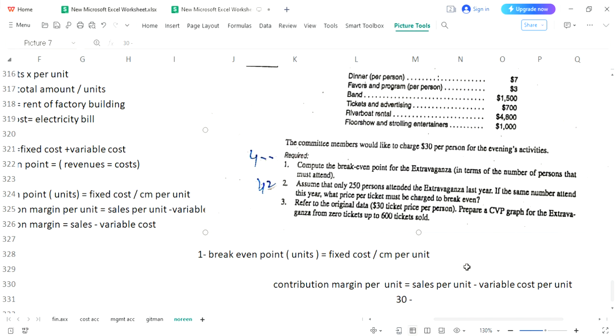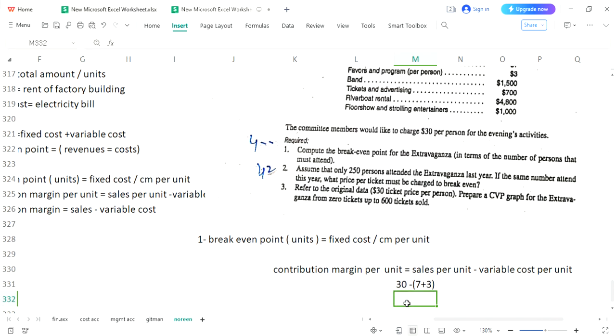So you may do like this, 7 plus 3. We can write 10 directly as well. So finally you will calculate it: 30 minus 10 is 20.